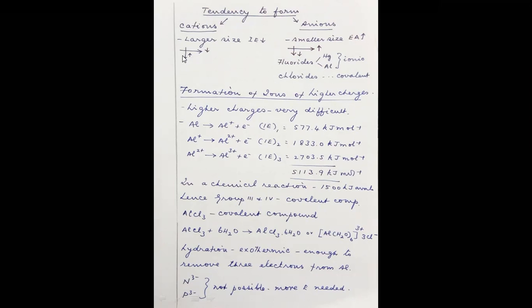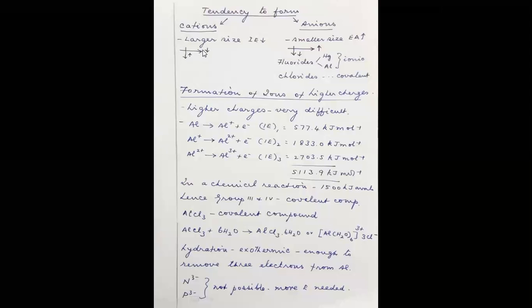So in the periodic table, when you move from left to right, that is along the period, the size decreases. Actually, what is mentioned here is size. Size decreases, and when you move down the group, size increases.